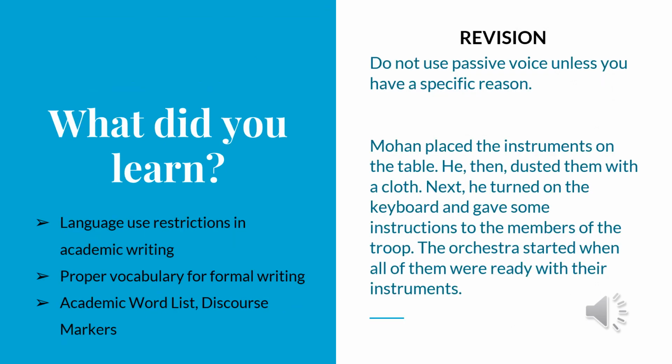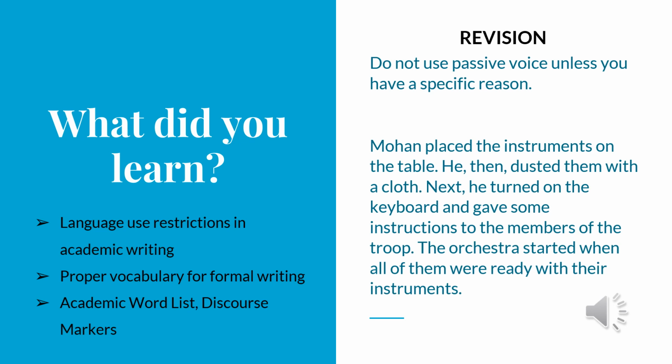Coming to the concluding part, we will just see what we have learned in today's session. You have learned what the language restrictions in academic writing are, which is a proper vocabulary for formal writing. The list was given in the academic word list, we have understood what it is, and discourse markers also we have learned.